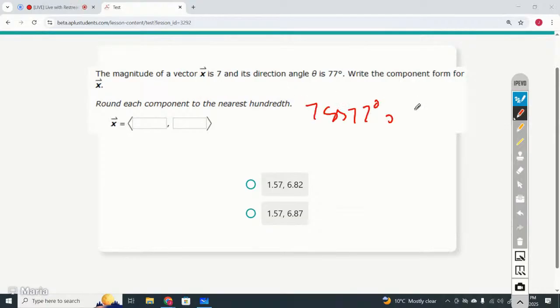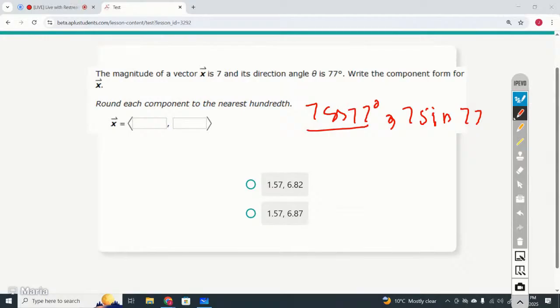That is 7 cos 77 degrees and 7 sin 77 degrees. So cos 77 is 0.2249.